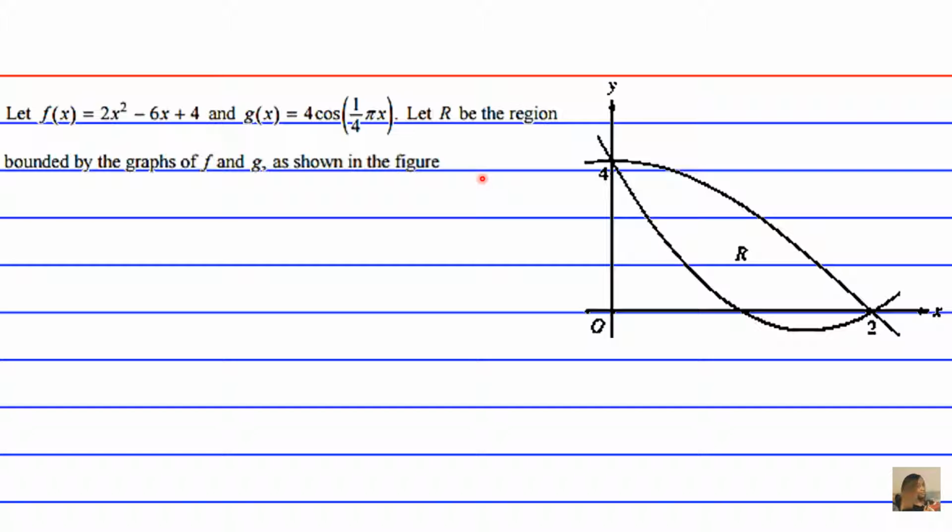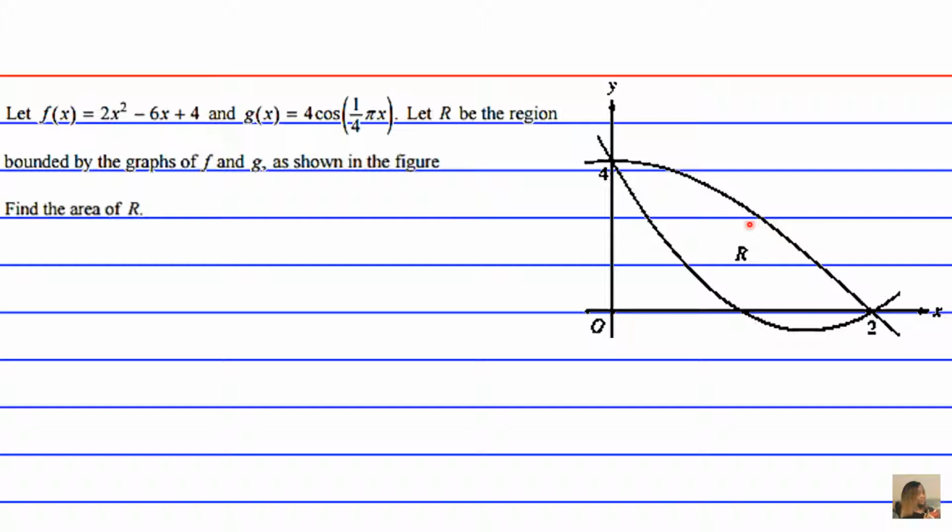Let R be the region bounded by the graphs of f and g as shown in the figure. So the intersection of these two regions bound the area R. Our task is to find the area of R.